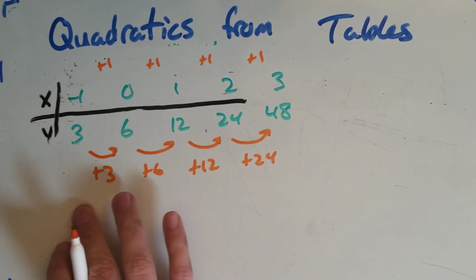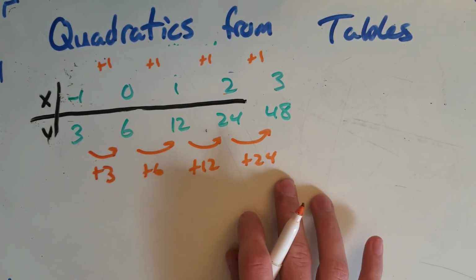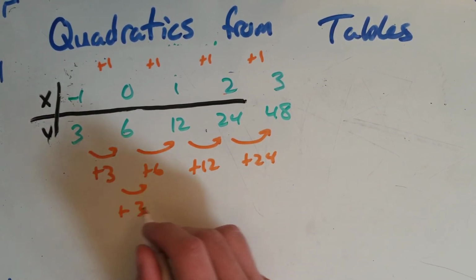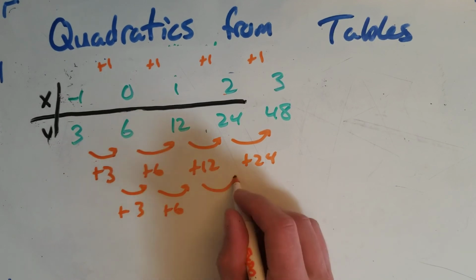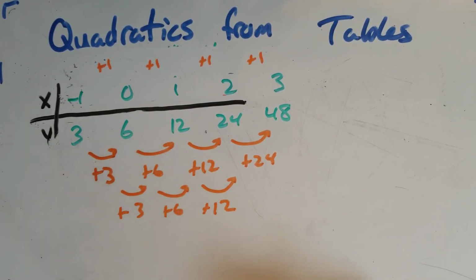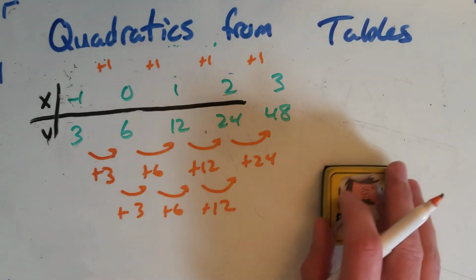So there's not a constant pattern. And if you wanted to check the second difference, you would see that it's +3, +6, +12. There's not a pattern going on there as well, like we're not constant.